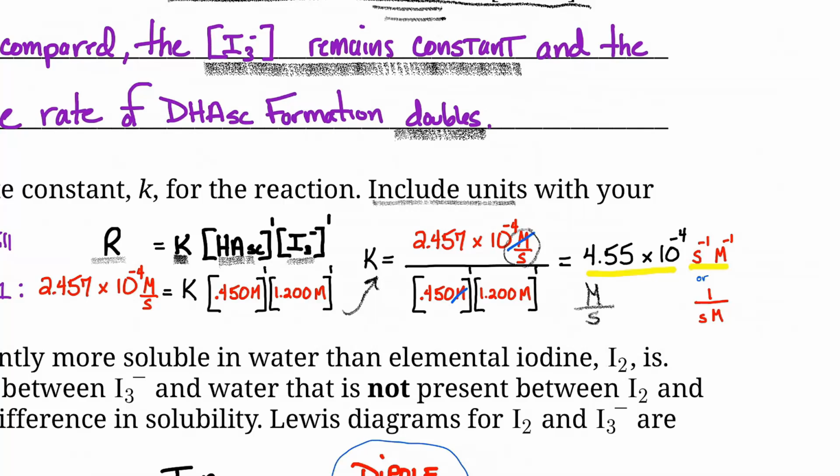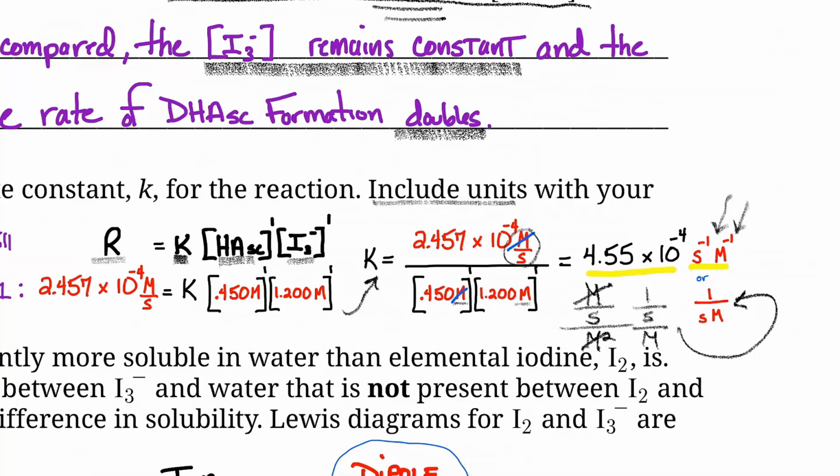Be careful, because this could be hours, it could be minutes. In this case, if you check out the table, it is seconds, and that's going to be divided by, well, if you think about it, molarity times molarity is molarity squared. And so when you cancel that out, you're going to get rid of this molarity and give 1 over here, so you're left with 1 over seconds over molarity, and that essentially is going to give you 1 over seconds molarity, which you can write as s^-1 M^-1, which just means 1 over for each of them.